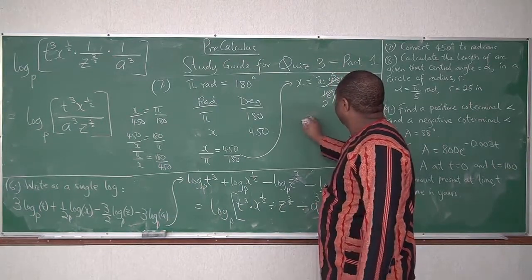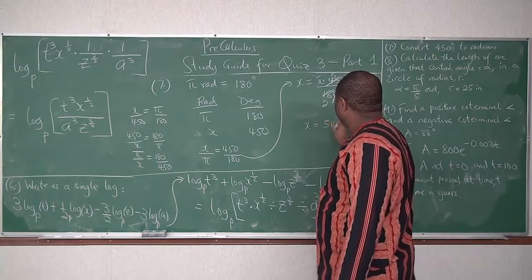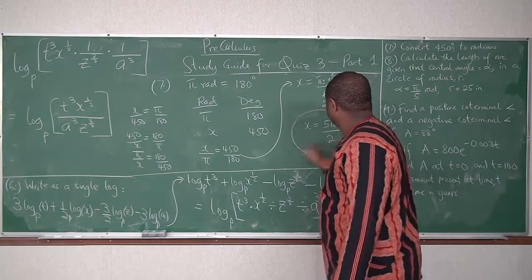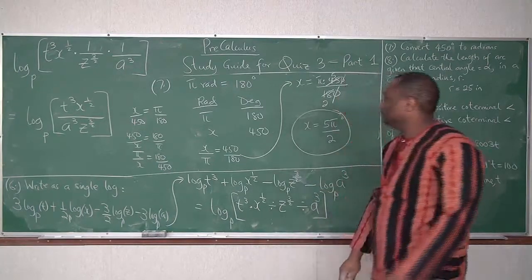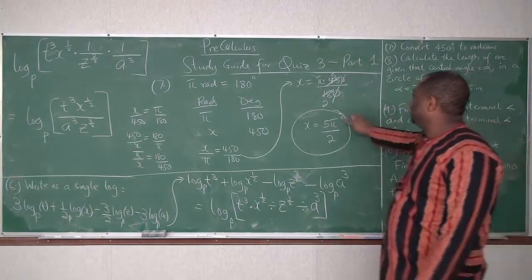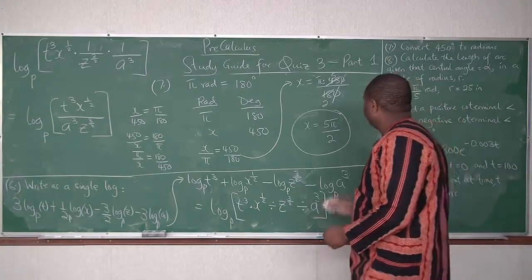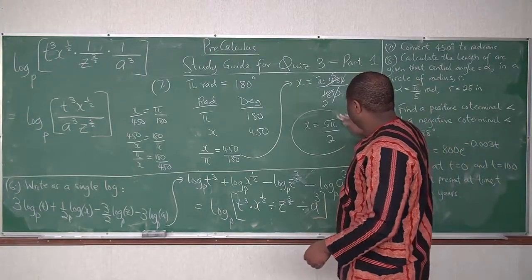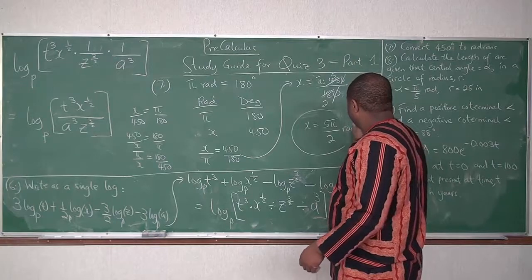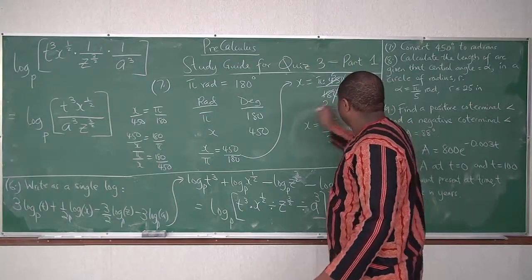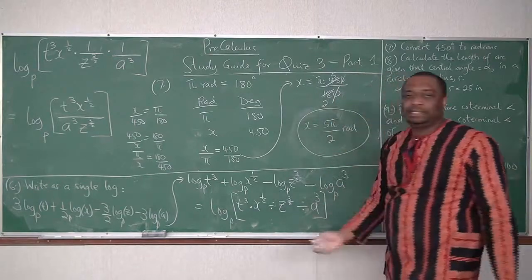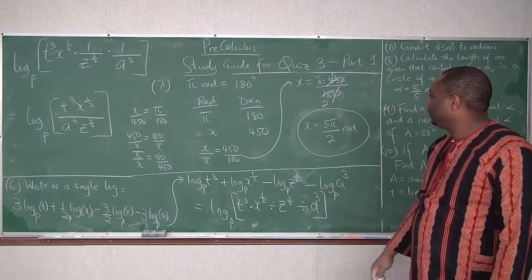So x will be what? 5 pi over 2 degrees. I mean radians. Don't mind me. 5 pi over 2 radians. That's the answer, 5 pi over 2 radians.